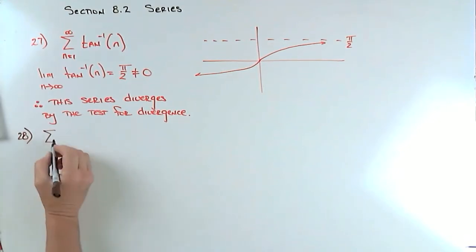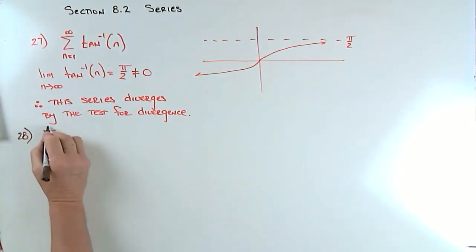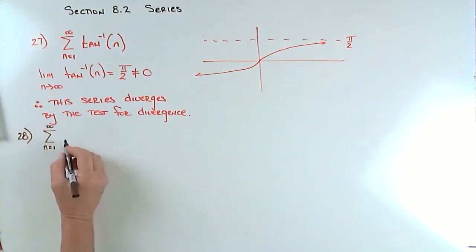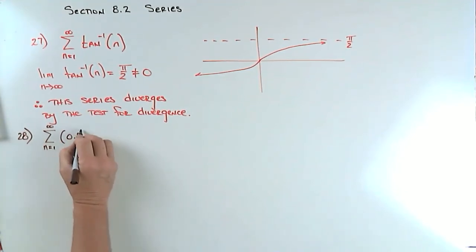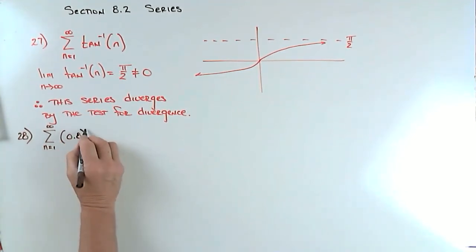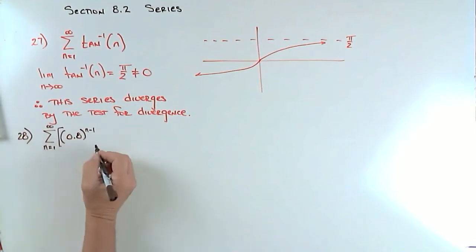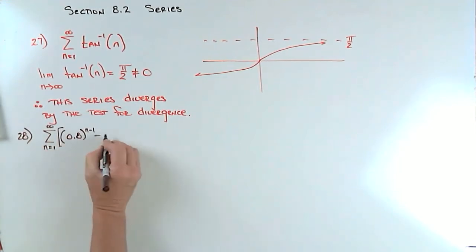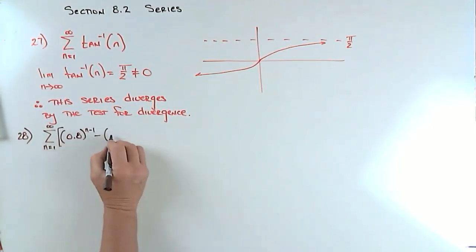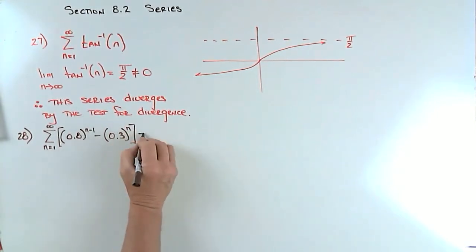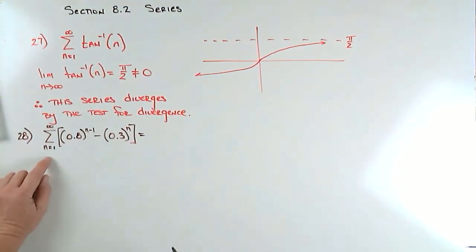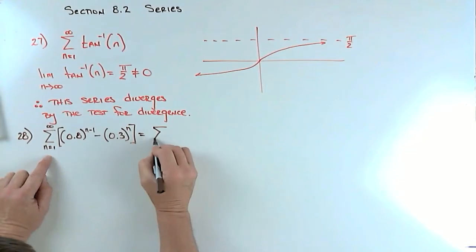So here we have the sum, n equals 1 to infinity of 0.8 to the n minus 1 minus 0.3 to the n. Now we can use our rules for series and we can write this as two series.